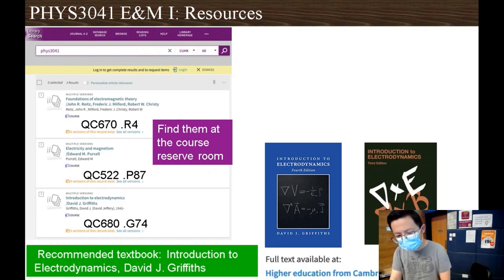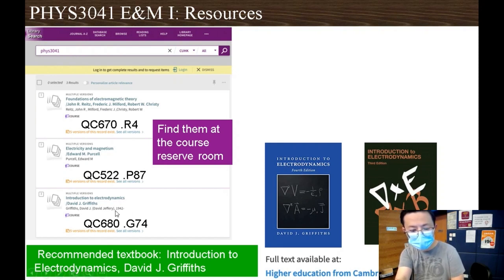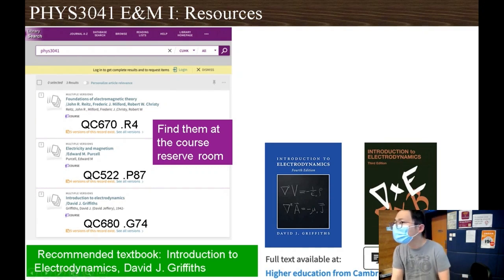You can also find the online version at the library. If you click on this link, it will show that there is full text available from Cambridge University Press, and you can actually read it online. But you might be able to find other ways to read.